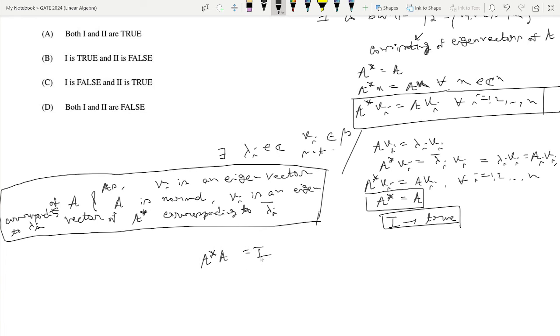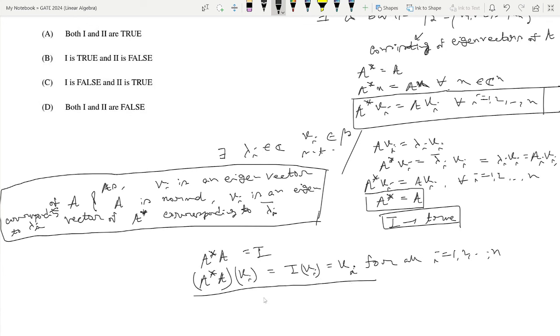In order to show A star A equal to I, it will be enough to show that A star A Vi equal to I Vi, that is equal to Vi, for all i equal to 1 up to n. We now show this only.